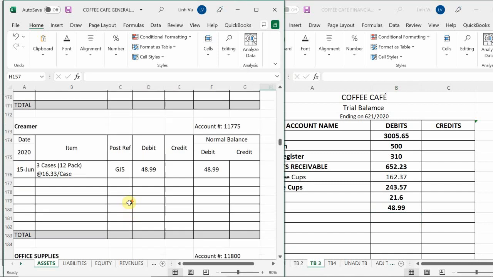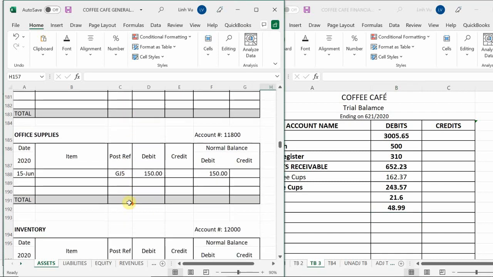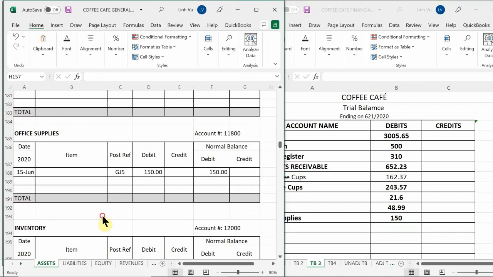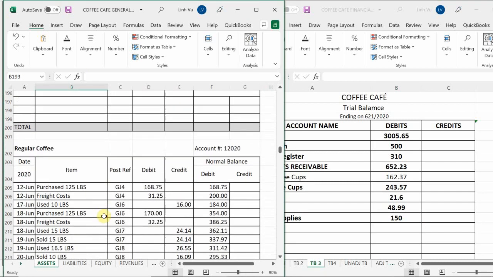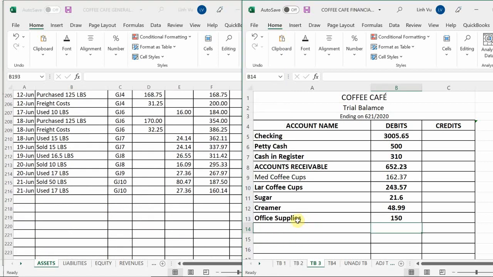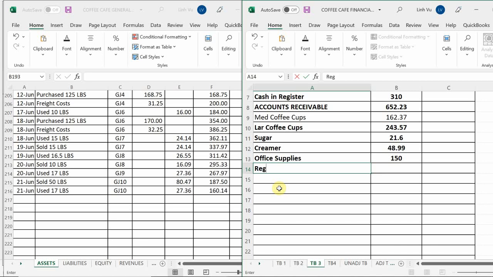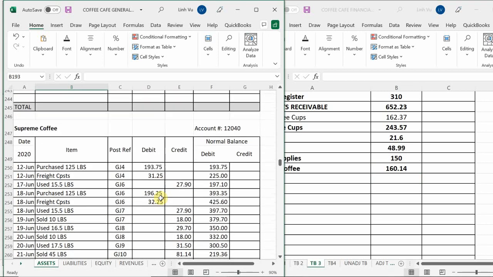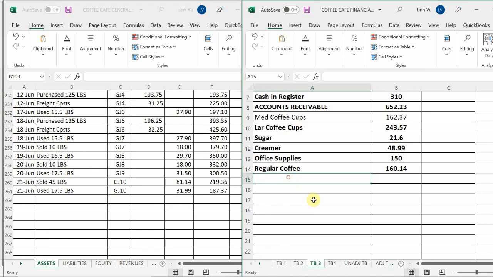Good. Office supplies, 150. Regular coffee, 160.14. Supreme coffee, 187.37.